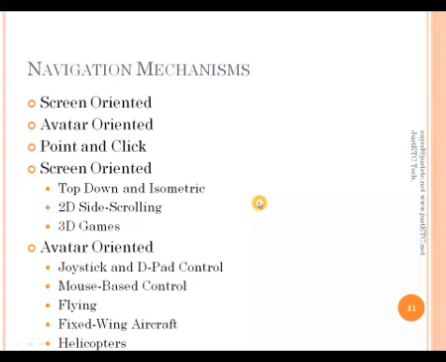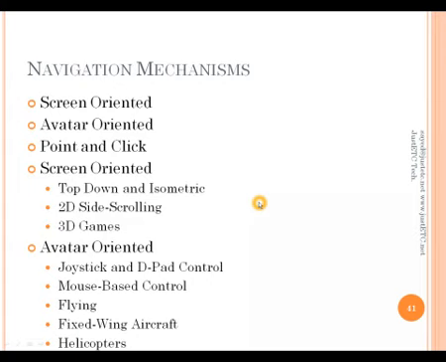In two-dimensional side scrolling games, you can use joystick up to move to the top, and down to move to the bottom, and maybe left and right can work as well, like the top down perspective. The 3D games usually implement avatar oriented navigation. Avatar oriented can be joystick and D-pad control based.